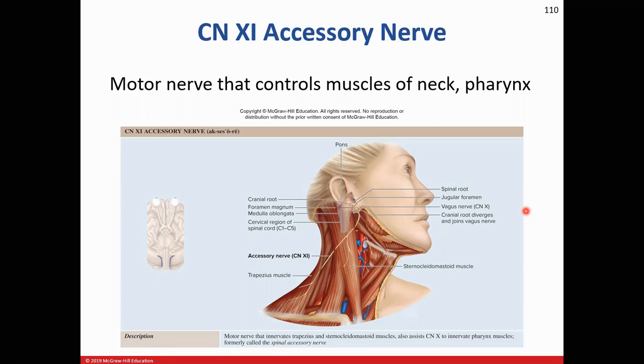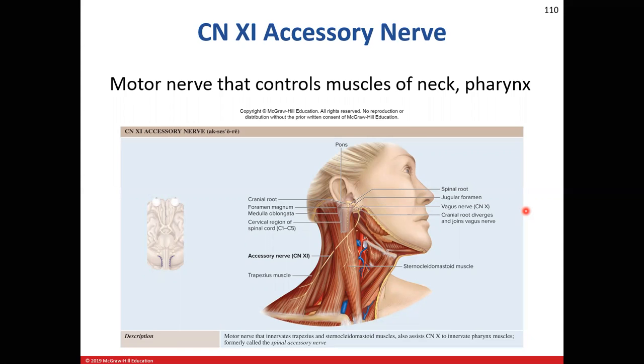Cranial nerve 11 is called the accessory nerve, or sometimes you'll see it called the spinal accessory nerve. Now, it can be called the spinal accessory nerve because the fibers will actually come off of the spinal cord at the upper cervical levels. As those rootlets come off, they go up and enter the skull before they come back and exit the skull.